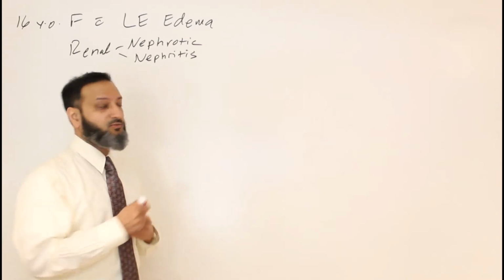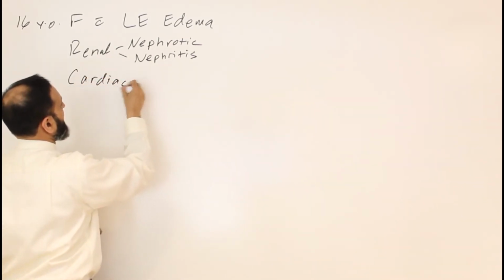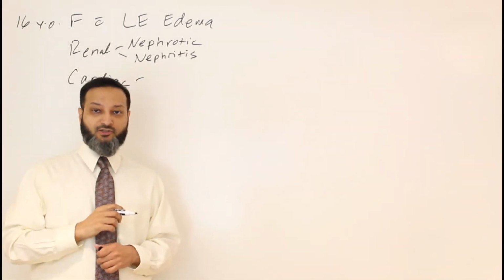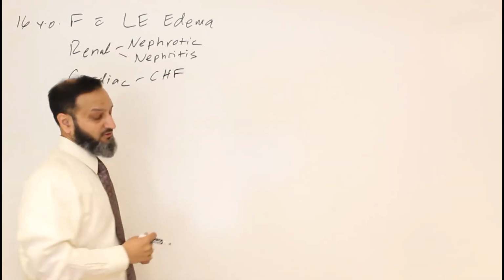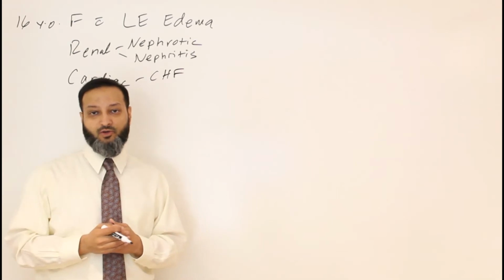Other causes would be cardiac. So again, when you have bilateral causes of lower extremity swelling, in addition to renal causes, you think about cardiac. You think about CHF, so heart failure, can give you bilateral swelling and edema of the lower extremities.